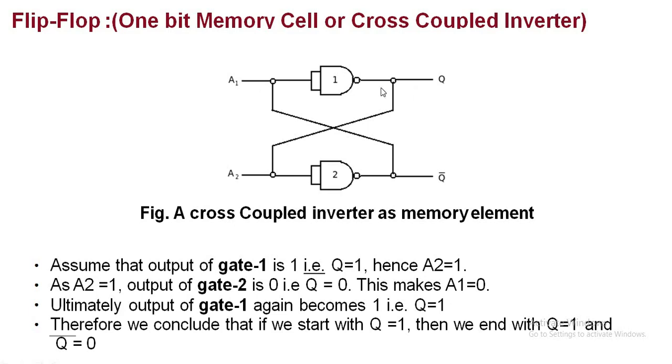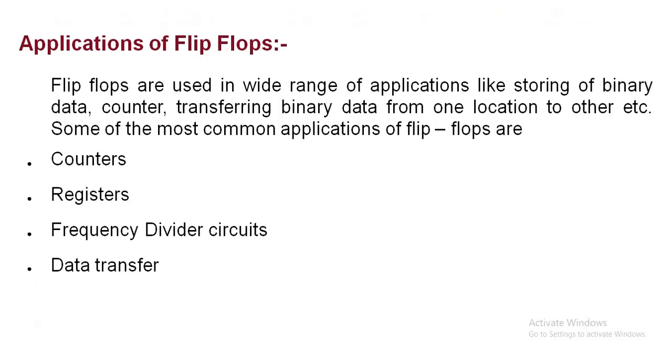As A1 is 0, NAND gate 1 output is 1. Therefore, we can conclude that if we start with Q equal to 1, then we end with Q equal to 1 and Q bar equal to 0. That means we can say Q and Q bar outputs are complement to each other.